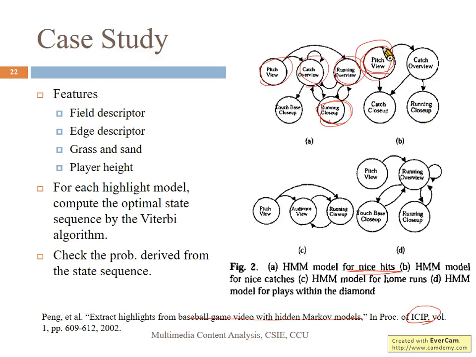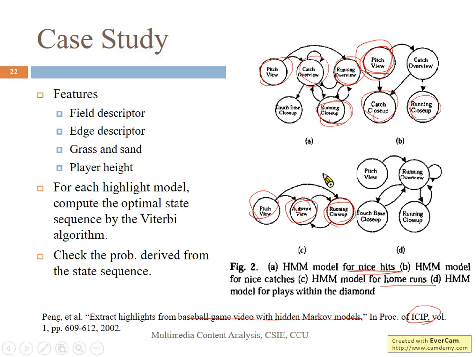So starting from a pitch view, and then there may be a catch close up, or there may be a running close up, and this would be a nice catch or home run. So starting from pitch view, and then maybe the ball flies to the outfield, and the camera shows the audience view, and then there may be the runner close up, then this would be a home run, and so on.